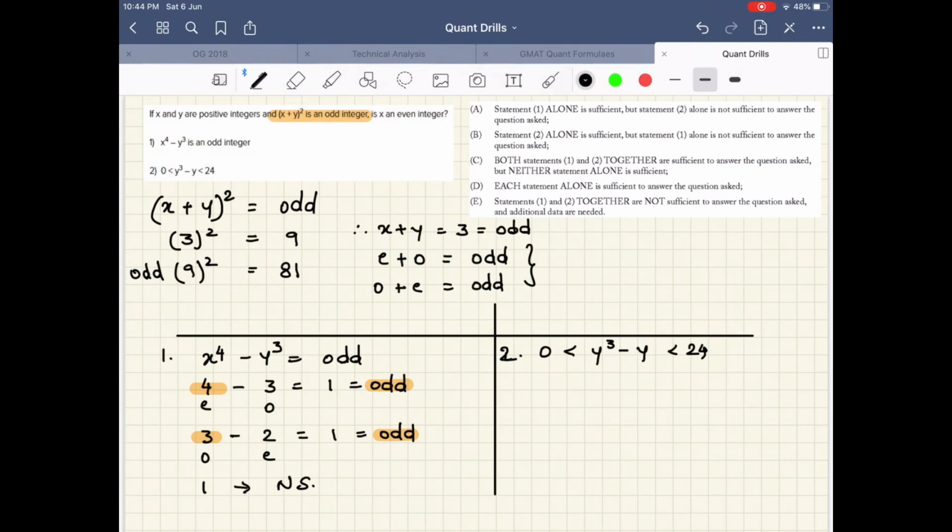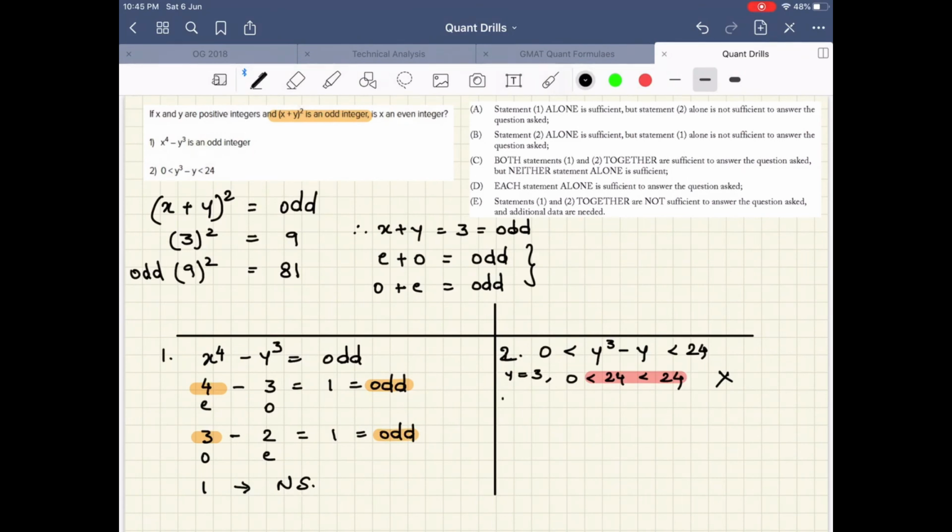Now firstly, if I take y to be 3, so this will become 27 minus 3, which is 24. Here 24 cannot be less than 24, so we cannot consider this.